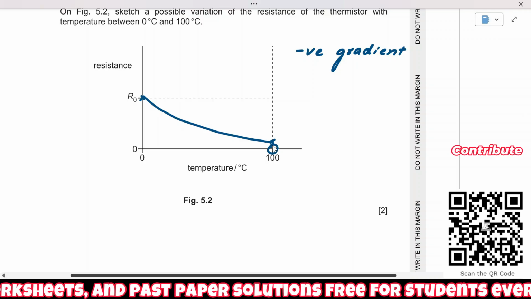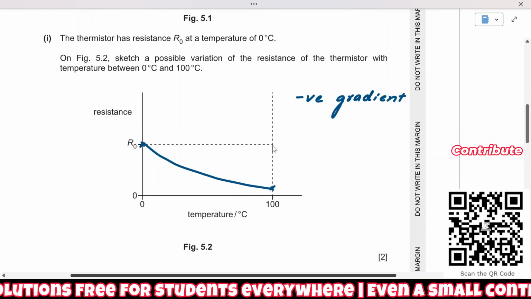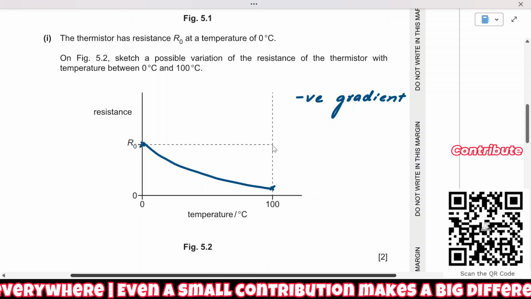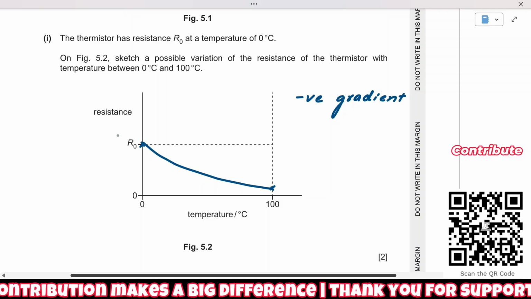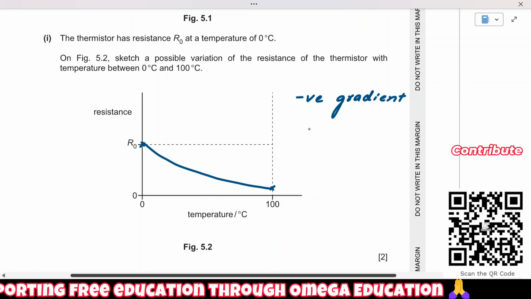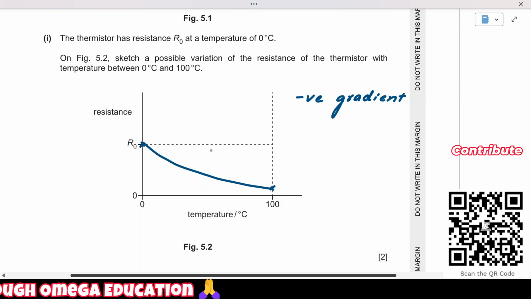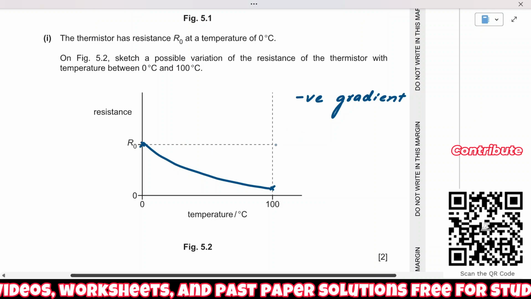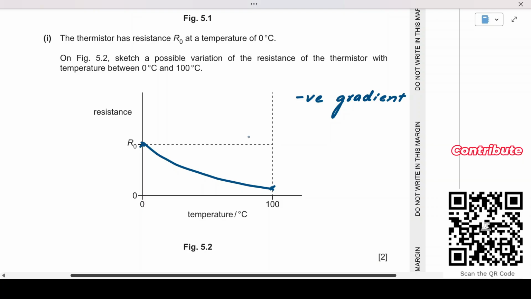Even at higher and higher temperature, the resistance decreases and decreases, but it's never reduced to 0. But where do we study the graph of resistance and temperature? Chapter number 1 of electricity. When you open up the notes, the first set of electricity, first chapter, current electricity, you have the section of the graphs. In that section you have this one, the graph of resistance against temperature.